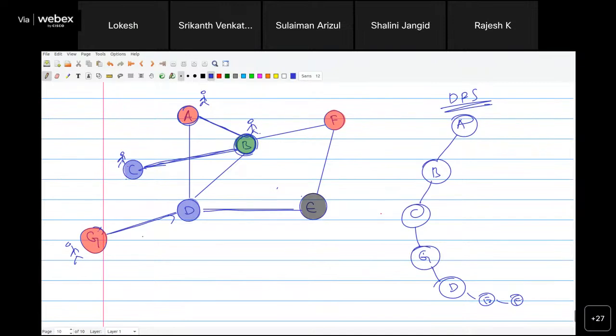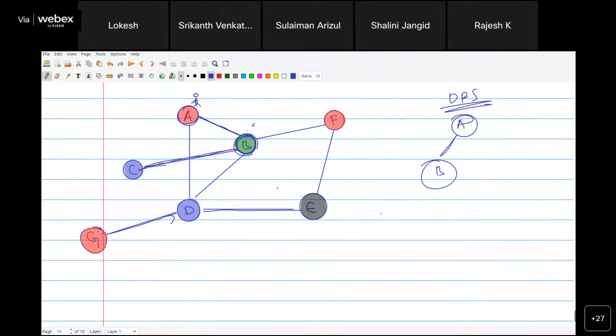Yeah, cool. So if the graph is like this, we said alphabetical order, okay. Once a vertex is explored, you no longer have to explore it again. So I start from A. From A, I will reach B.